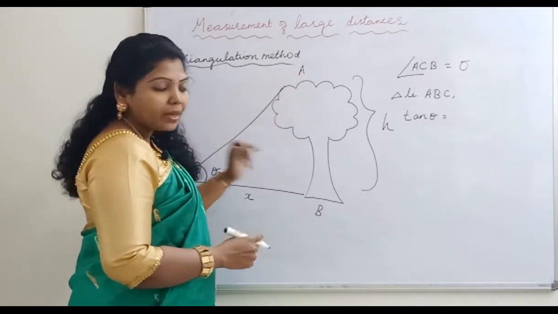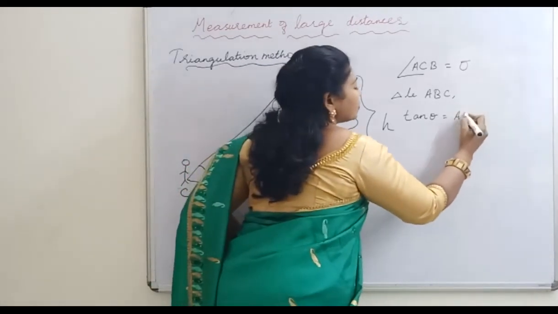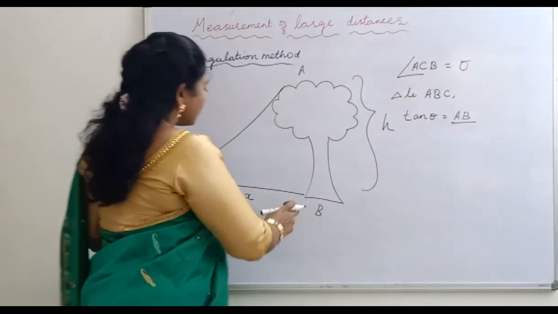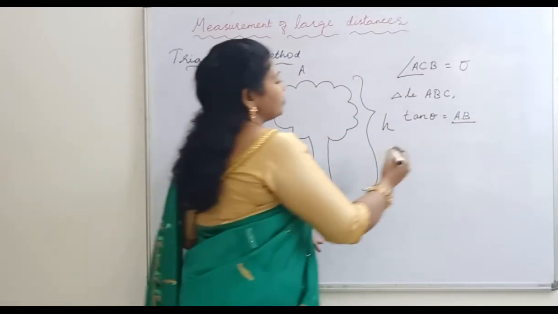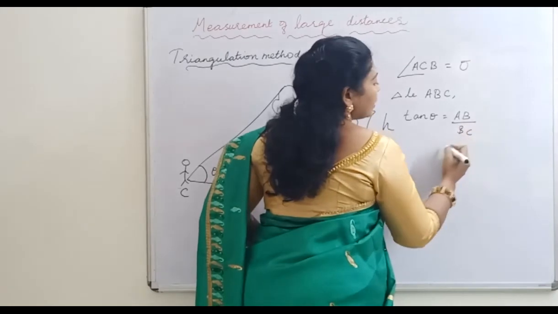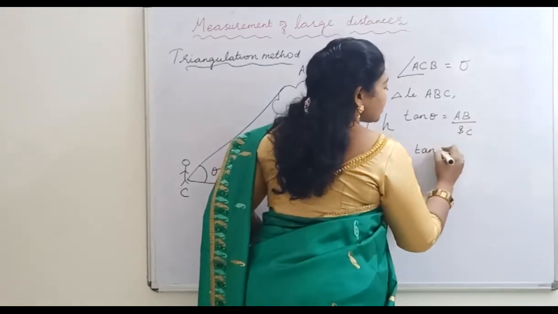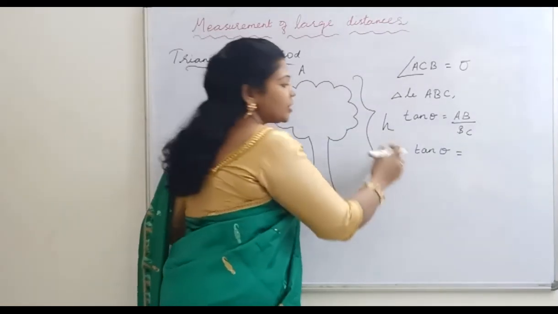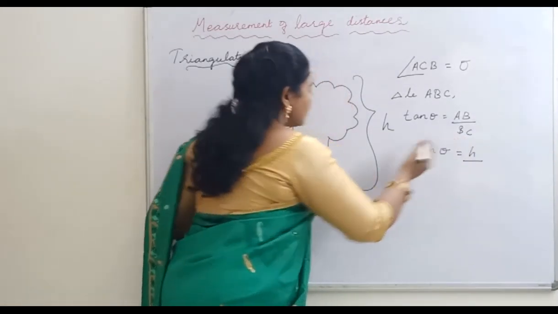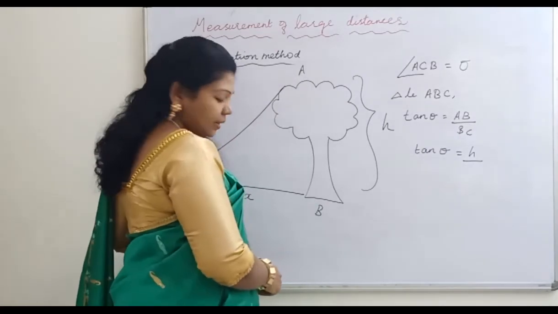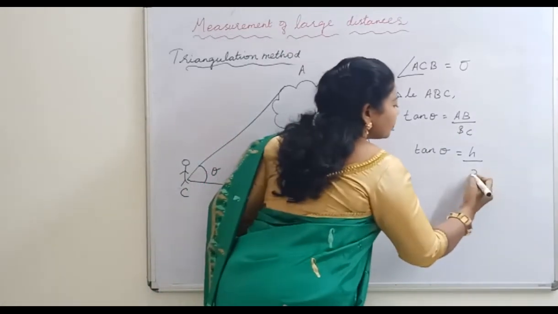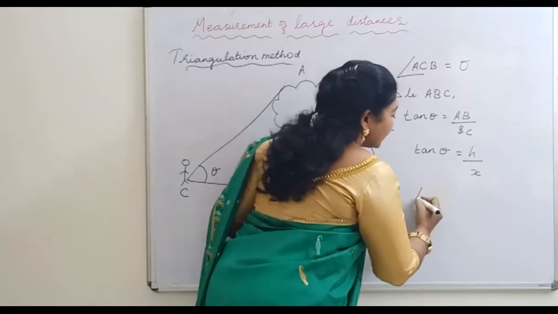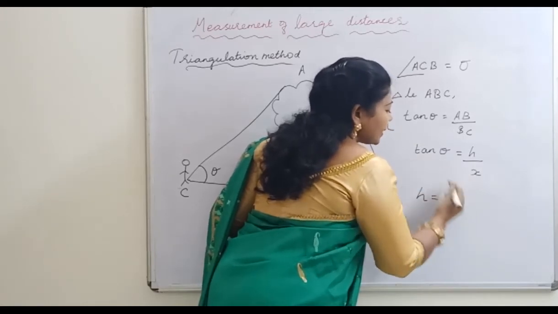It is AB, by adjacent side, it is BC. So tan theta is equal to AB by BC. AB is the height of the tree, which is h. BC is x. So from here we can write h is equal to x tan theta.